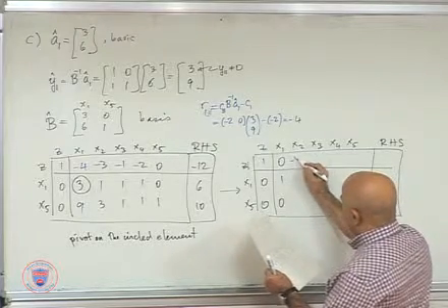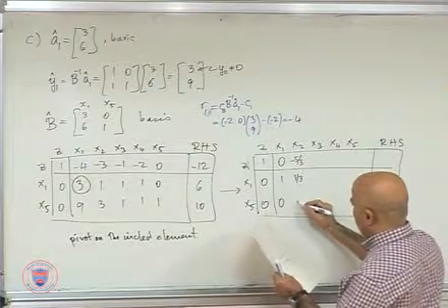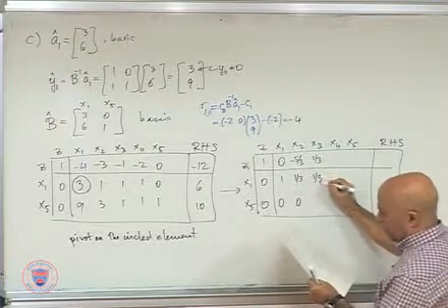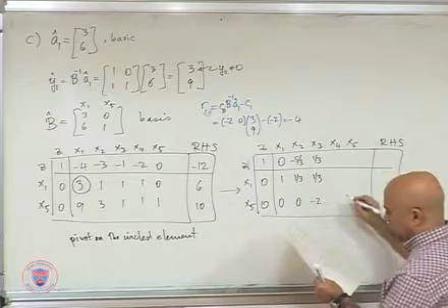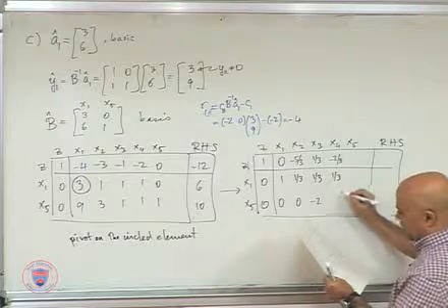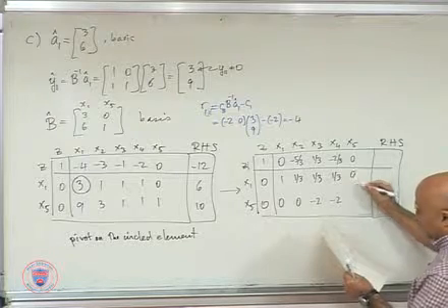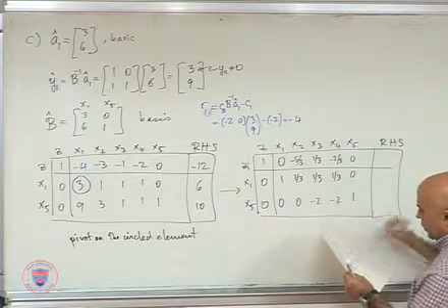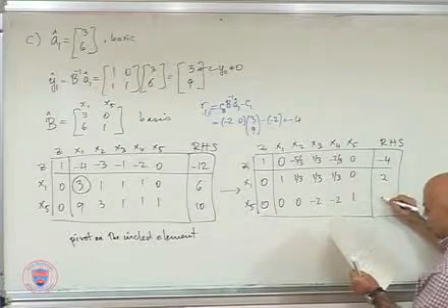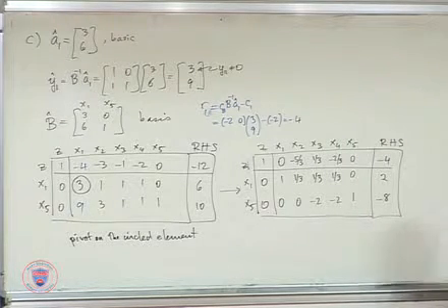Minus 5/3 here, 1/3, and 0, 1/3, 1/3, minus 2, minus 2/3, 1/3, minus 2, 0, 0, 1, and minus 4 here, 2 and minus 8. That's what I've got, if I did not make a mistake.